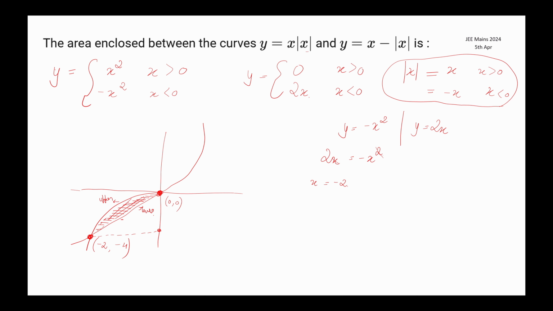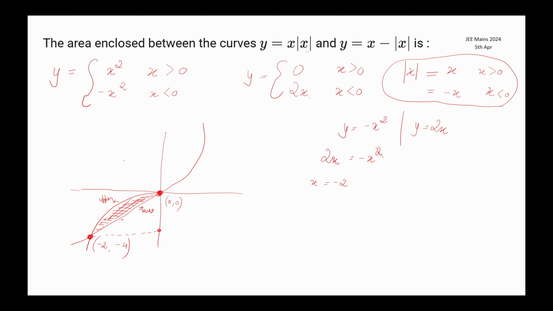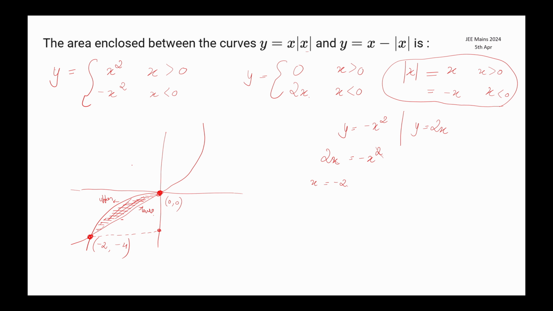So we can simply do that, and our limits would also be in terms of y, so it would be from minus 4 to 0. The curve we have here is, firstly, root under minus y, and the lower curve is y equals 2x, so it becomes y by 2. This would become dy.